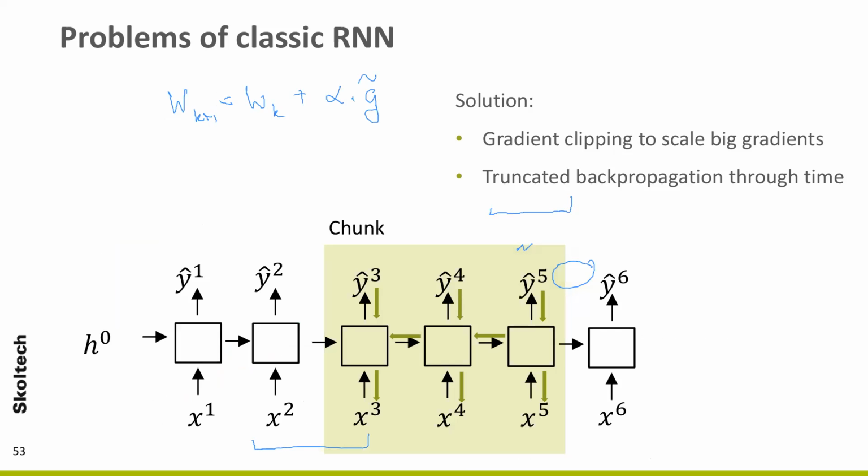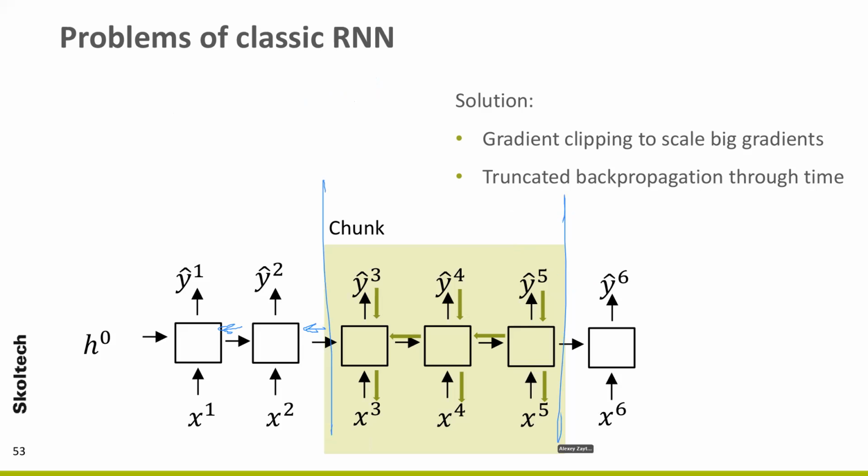Also, when we have these big gradients, we can try to look at a chunk of the data, so not look at the whole sequence when we do backpropagation, but stick to some part of the sequence.